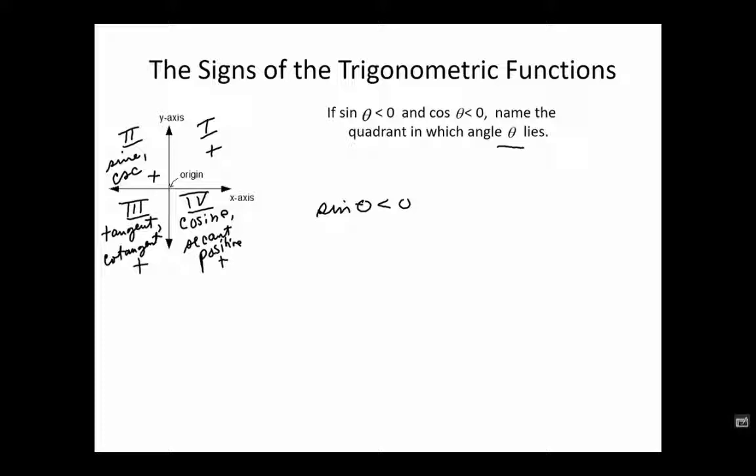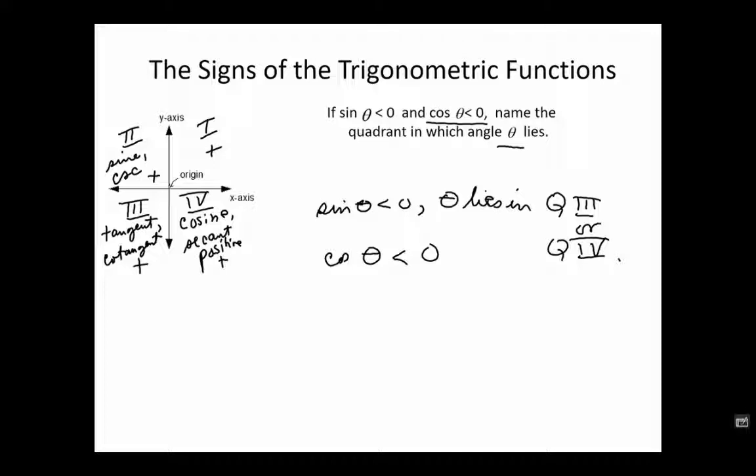So that means what then? That theta lies in quadrant 3 or quadrant 4. All right? But we're also given that the cosine of theta is less than 0.